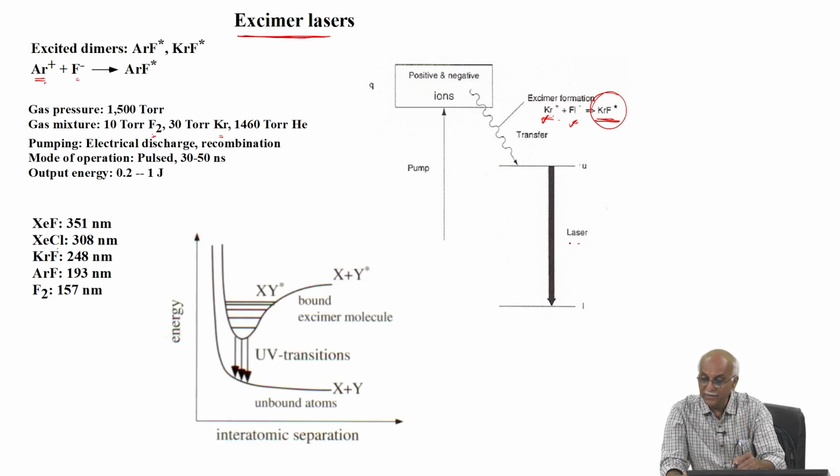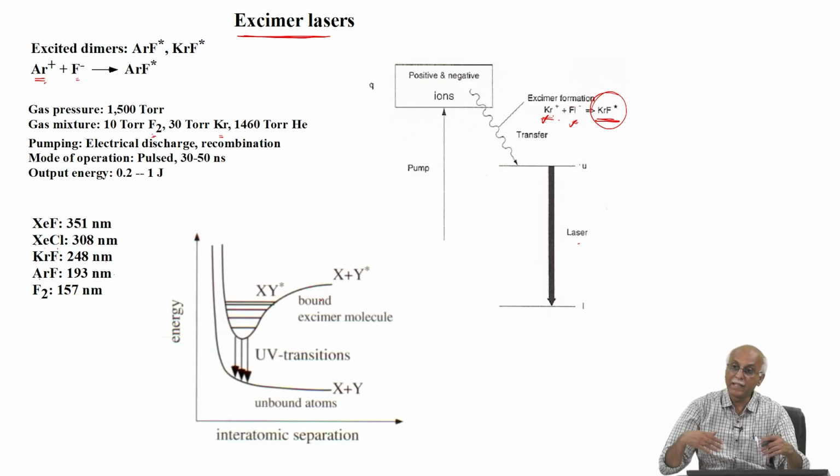And this laser provides output wavelength in the UV region. Different combinations, argon fluoride, krypton fluoride, xenon chloride, xenon fluoride, provide different energy levels for laser output: 193 nanometer, 248 nanometer, 308, 350. These lasers have therapeutic applications.